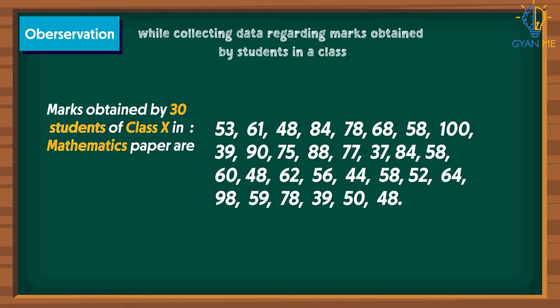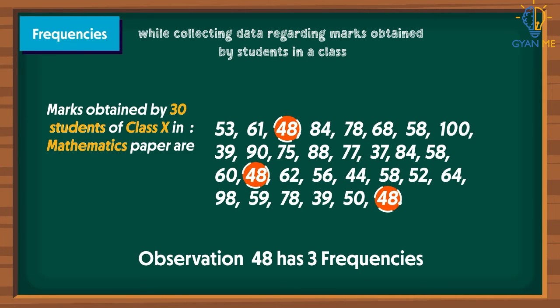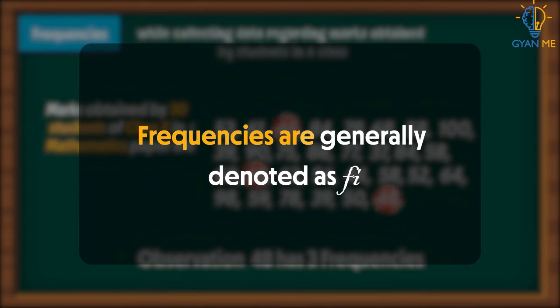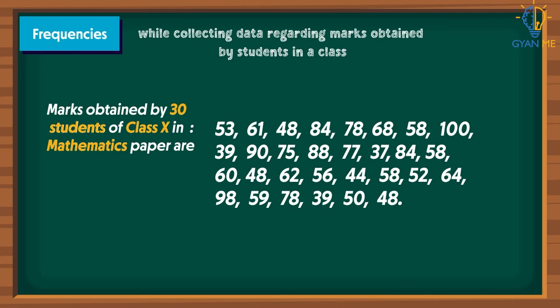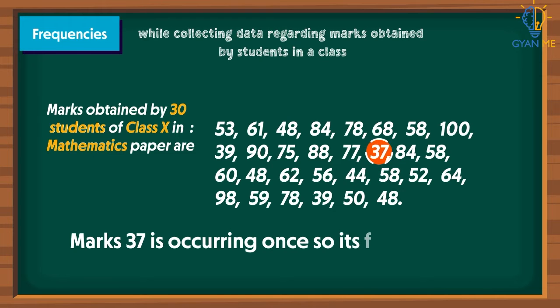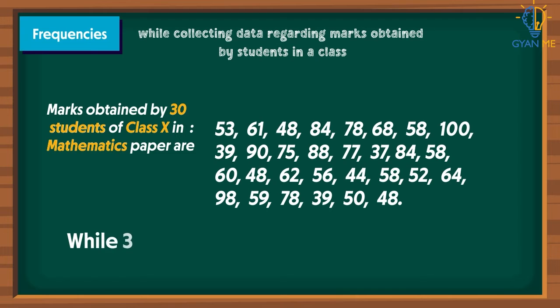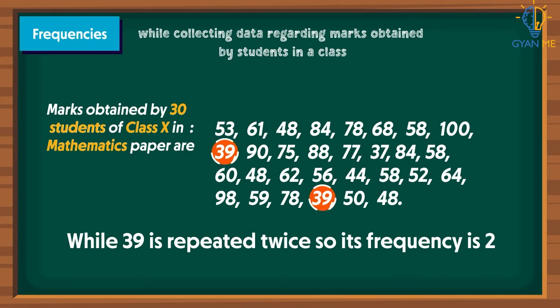Next term is frequencies. The number of times an observation is repeated in a given data is called the frequency of that observation. Frequencies are generally denoted by small f i. For example, here 37 is occurring once, so its frequency is 1, while 39 is repeated twice, so its frequency is 2, and we can count like this for each mark.